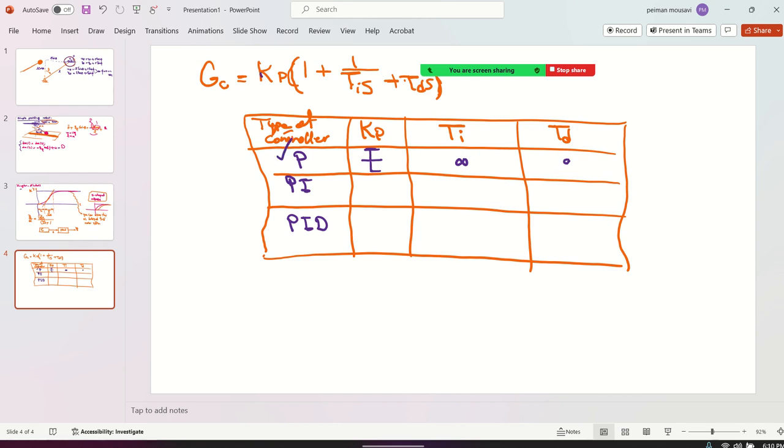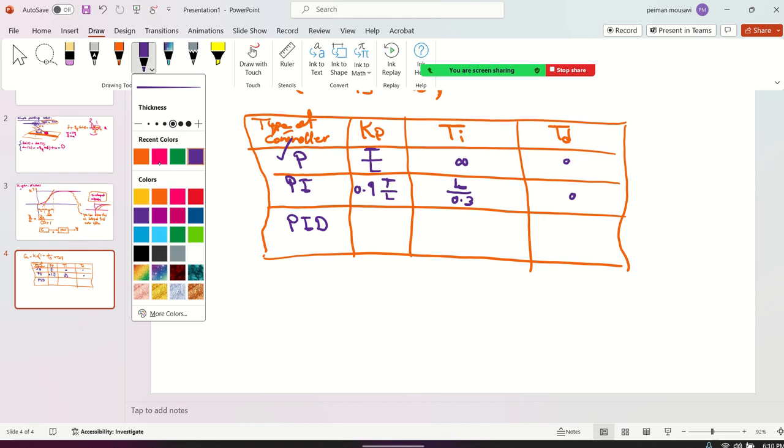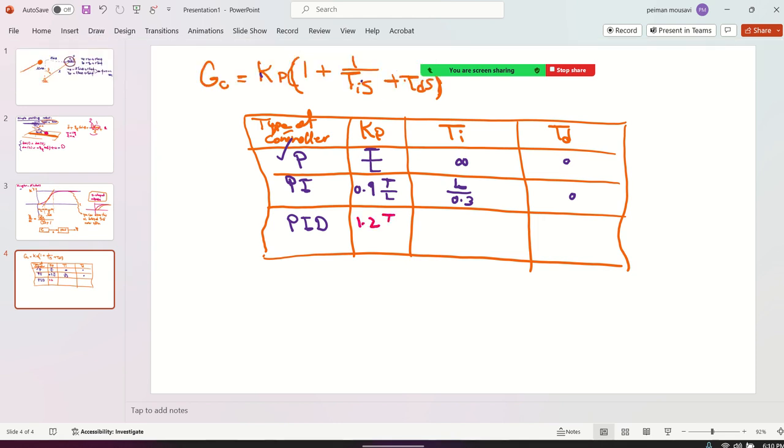If you want a PI controller, your KP is going to be 0.9 T over L, your TI is going to be L over 0.3, and your TD is 0. If you want a PID controller, this is pretty standard: KP is 1.2 T over L, TI is 2L, and TD is 0.5 L. Bingo.